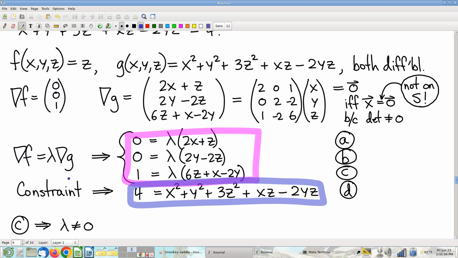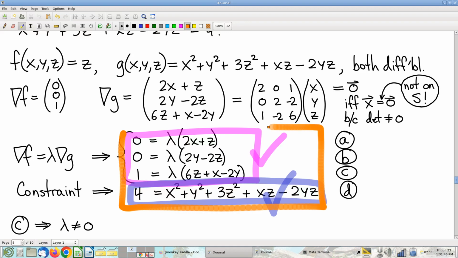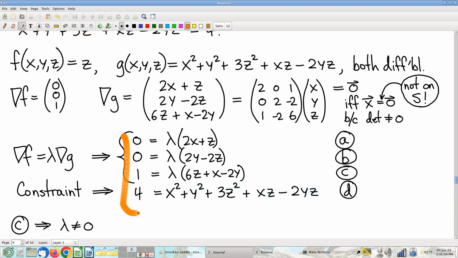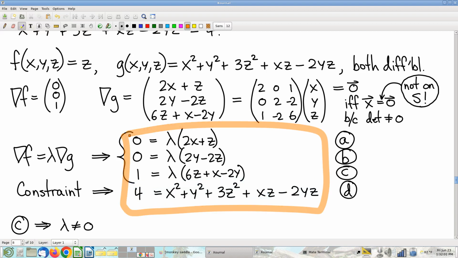I need points that satisfy the purple system which are allowed in the first place. So effectively then I have these 4 equations. Everybody good? Really easy to forget this part right here. Don't forget to add your constraint in, and when you start solving, you got to have all 4 equations there.